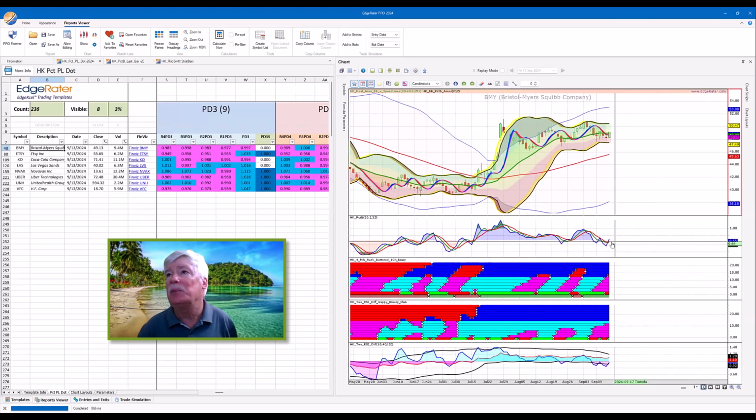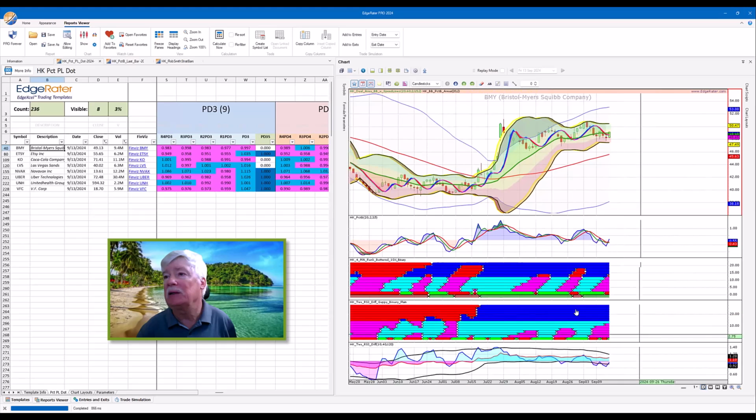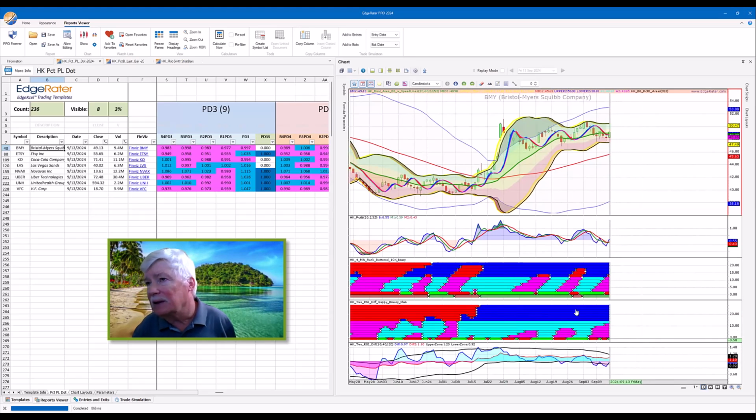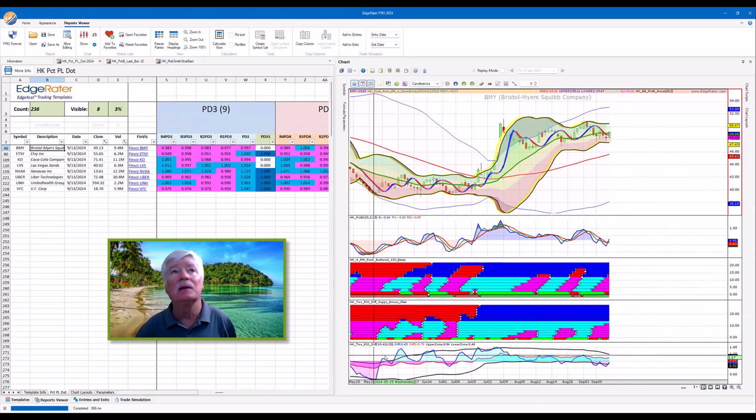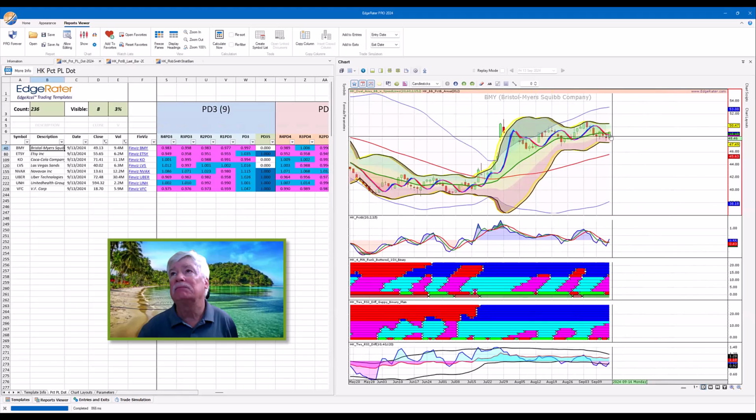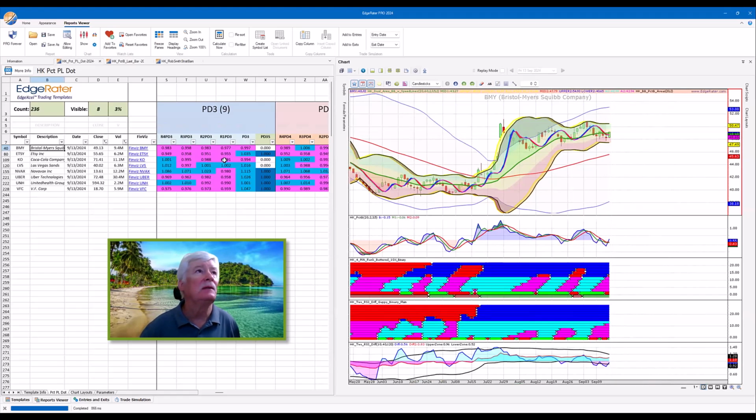The percent B is starting to perk up. This 2 period RSI guppy, the consensus is starting to turn bullish. I'll explain this indicator in a minute, but that has possibilities.